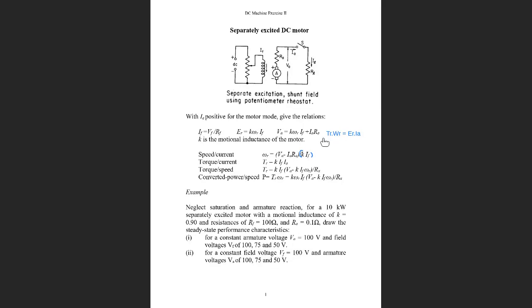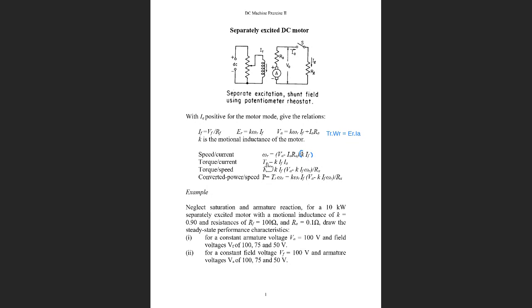So these two are the air gap energy. Okay, they are equivalent: torque times angular velocity is the induced voltage times the armature current. That's the air gap energy, or converted energy here.